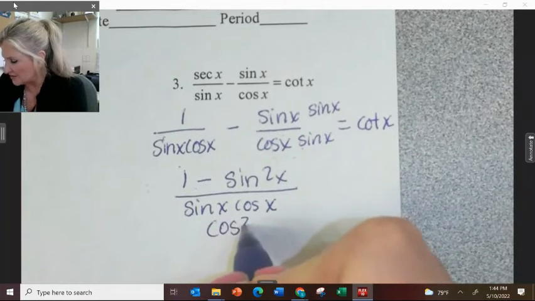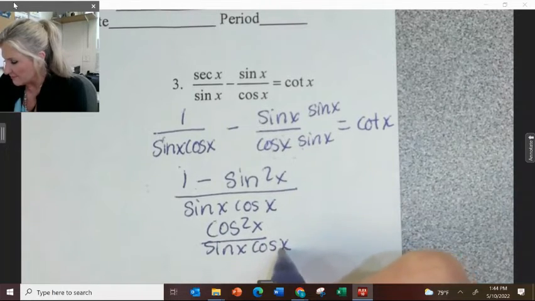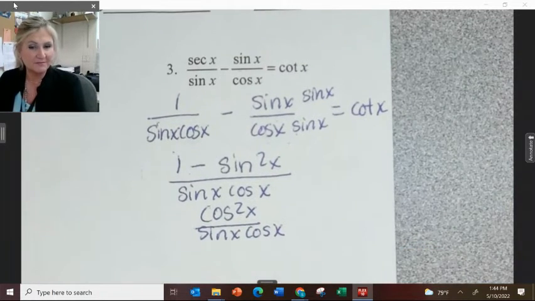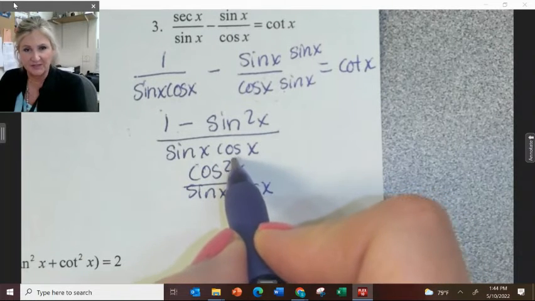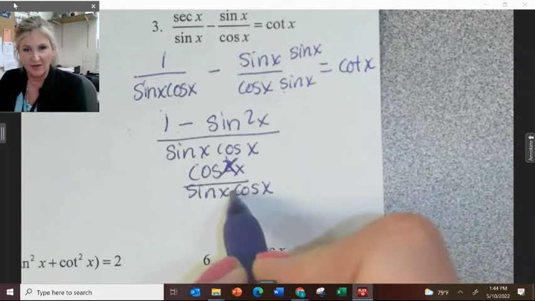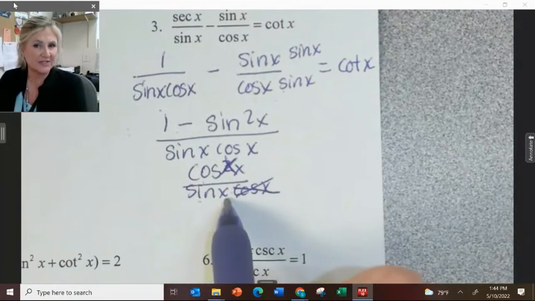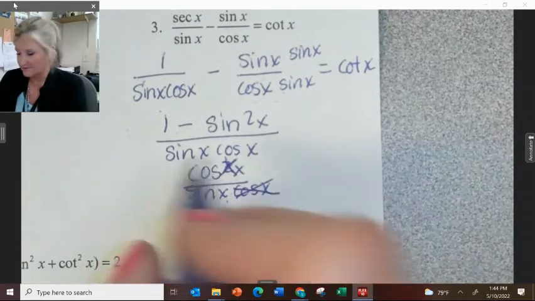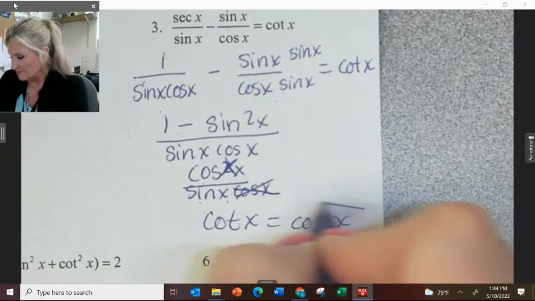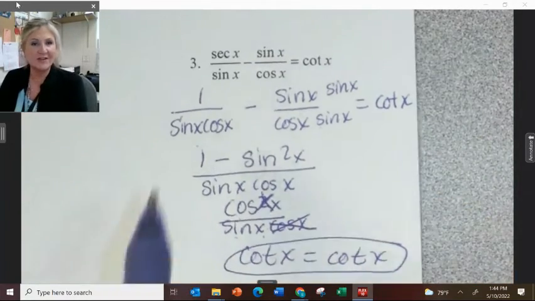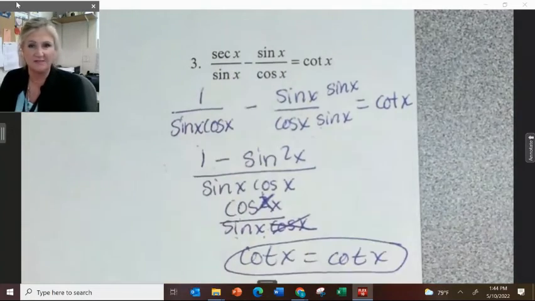So now I'm going to have cosine squared x over sine x cosine x. What's going to happen? This is cosine times cosine. So one of these cosines is going to go, and that's going to go. So now I have cosine x over sine x. What's that the same as? Cotangent. So I think if you couldn't get this, it's because you didn't work on that secant first. Get rid of that secant first.